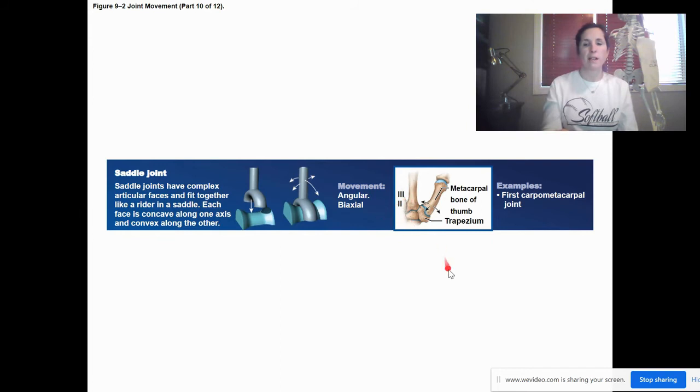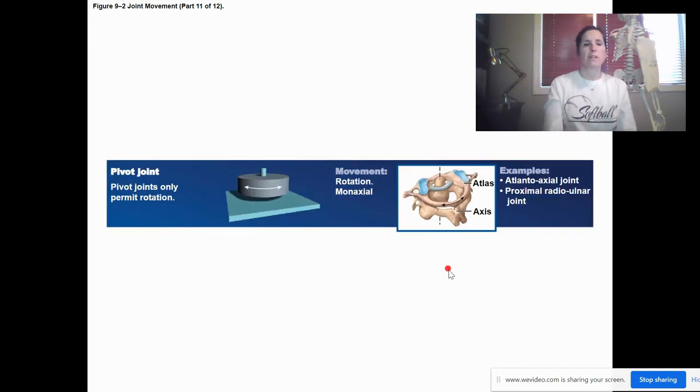That is biaxial. Your pivot joint, this is an atlantoaxial joint. So remember your axis. Another one is the proximal radioulnar joint.